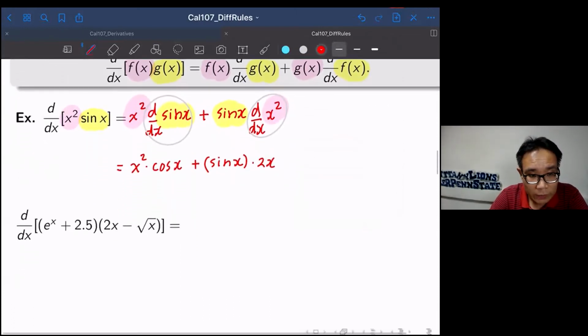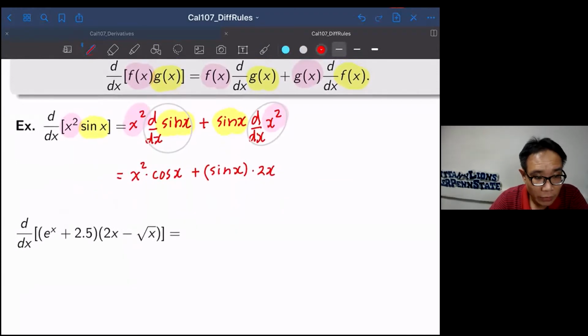The second one, you get d/dx of (e to the x plus 2.5) times (2x minus root x). Let's try to differentiate this. So you have the product between the first parenthesis and the second parenthesis.